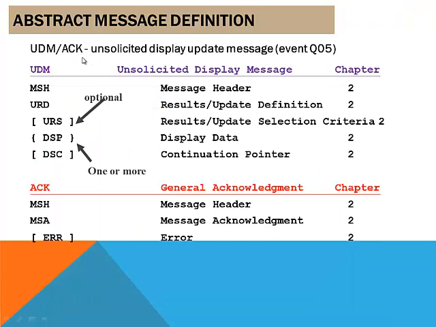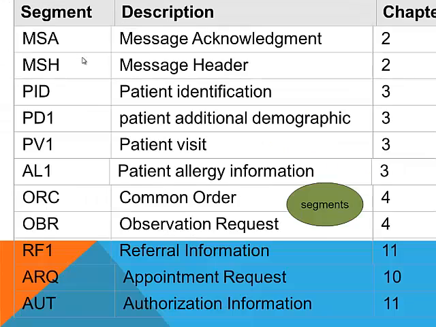In fact, in HL7, we have a table to list the segments and the identification codes. For example, MSA is the message acknowledgement segment.